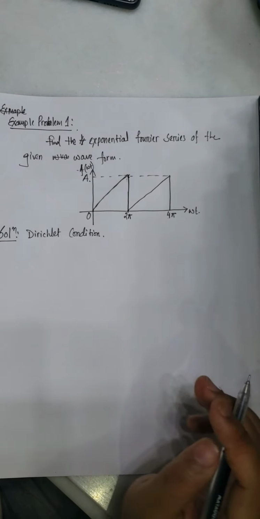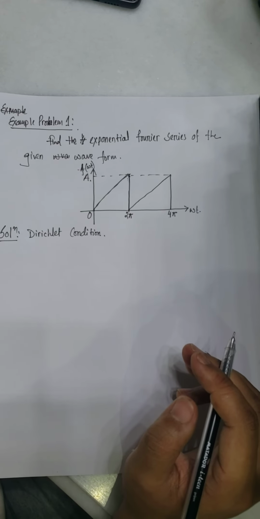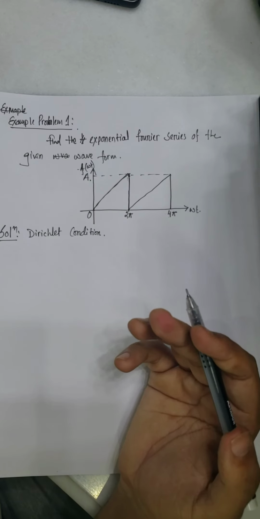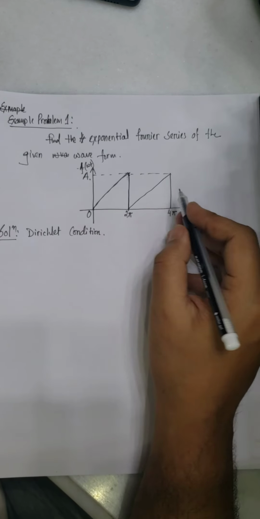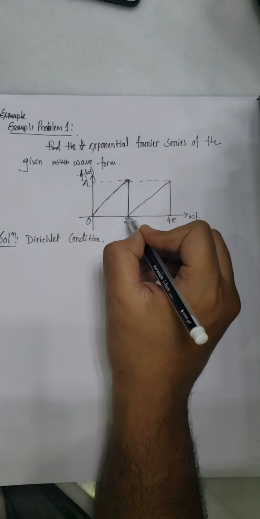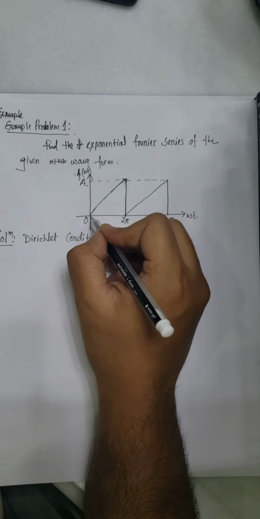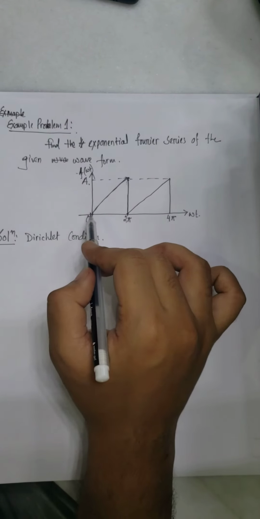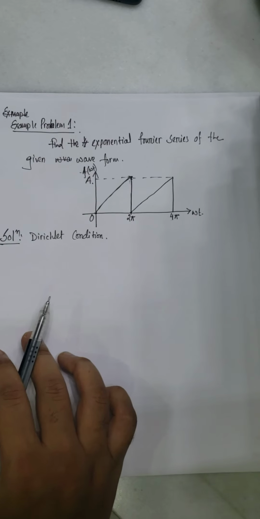So the first condition is obviously fulfilled. The second condition is the signal must have a finite number of maxima and minima. The signal has a maxima over here, a minima over here, and a minima over here. Since the number of maxima and minima are countable, the second condition is also regarded fulfilled.